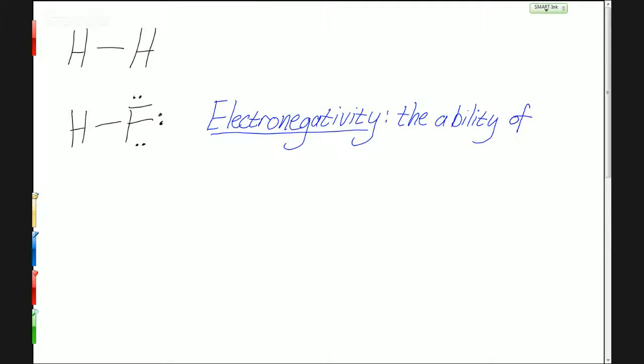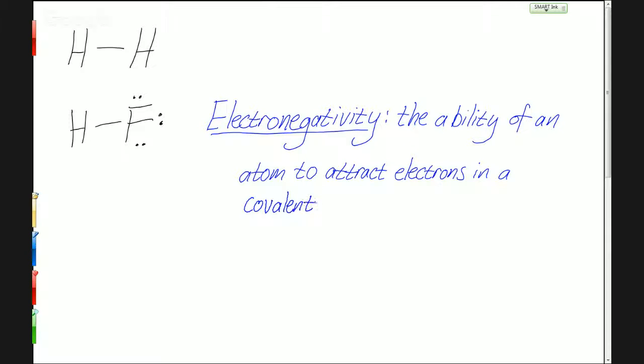the ability of an atom to attract electrons in a covalent bond.